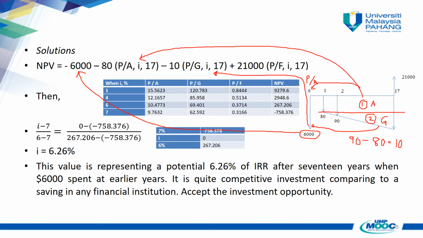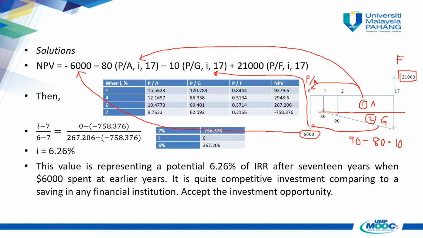Alright, and after that, we convert this value. Okay, we gain 21,000. This gain is in the form of F, in the future.